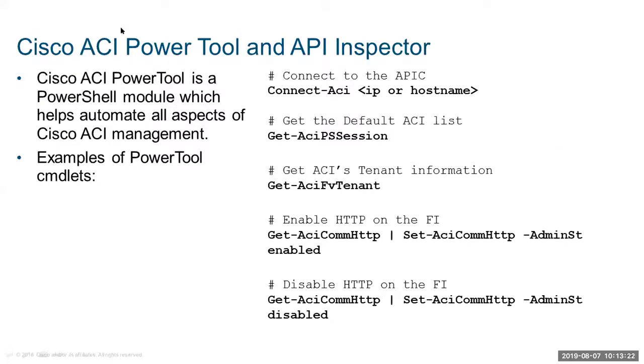Okay, so for ease of configuring the APIC, Cisco provides what's called the ACI PowerTool. I believe there are a little bit more than 1,500 commandlets, which lets you automate pretty much everything in ACI: adding tenants, adding bridge domains, adding application profiles, EPGs, contracts.